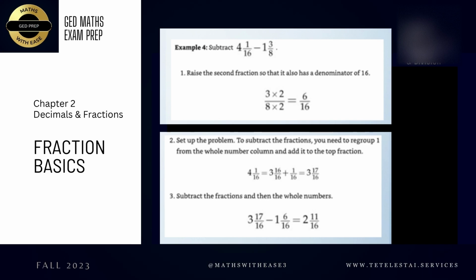And this is where it will help you to visualize those two circles that we saw earlier, right? So this 4 and 1/16 is just telling us that we have 4 circles, okay? And all 4 of those circles are divided into 16 parts, and all 16 parts are grayed out, right? So this 4 simply means that we've got 4 circles, because remember, this 4 is part of a mixed fraction.